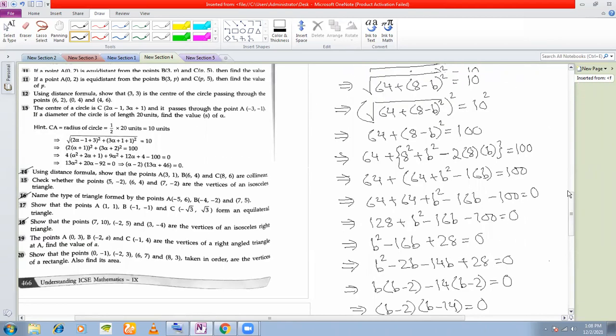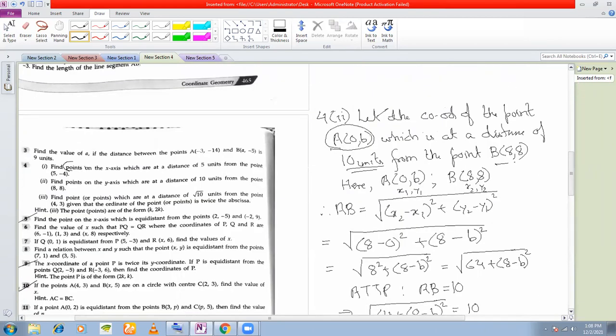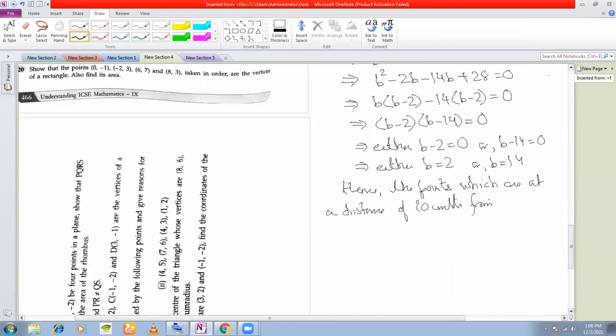If you see in the question, it is given, what is the other point we had taken here? 8, 8. From 8, 8, the points are 0 comma b we had taken, right? And b has two values. So 0 comma 2 and 0 comma 14. So these are the 2 points which are at a distance of 10 units from the point 8, 8.